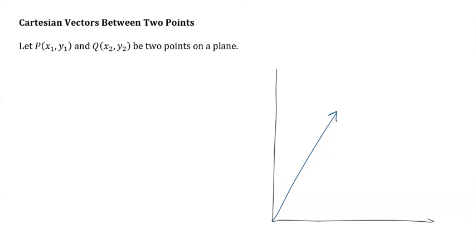If I want to go from P to Q, I'm doing that. But we're supposed to actually find the coordinates of that, like the name of that. Like, what is that actual vector?